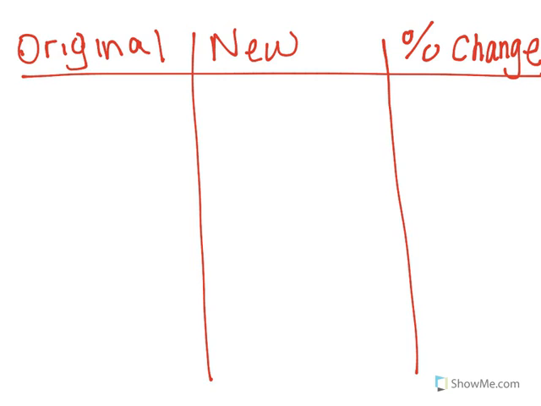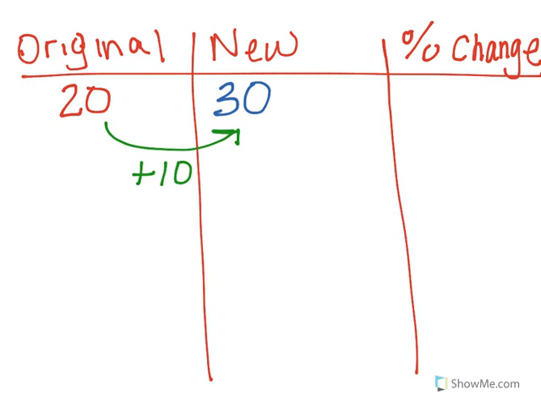Okay, so I have my original. Let's say we're going to pick easy numbers, remember? So let's say my original is 20. Now I don't really want to draw 20 blocks, so you're going to have to picture it yourself. Now let's say my new one has 30 blocks. So what percent change is that? Well, we know that it went from 20 to 30, and that means it's an increase of 10. So the new amount is 20, which is the original, plus the 10.